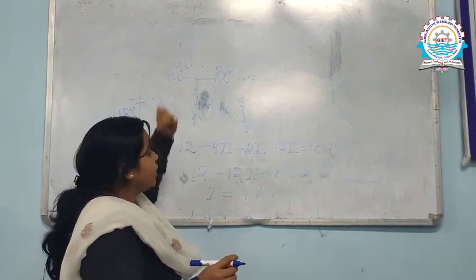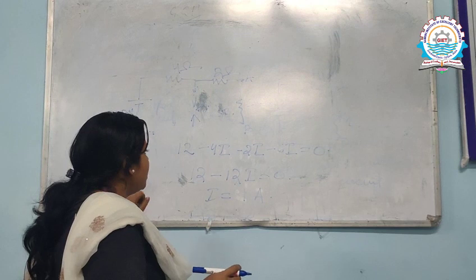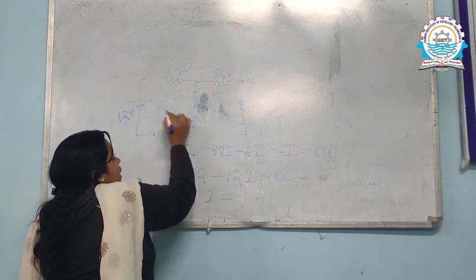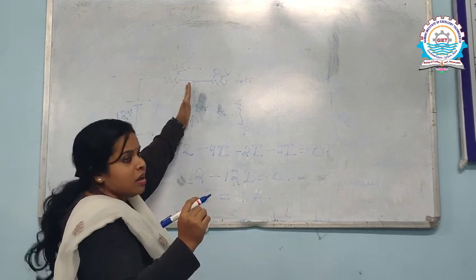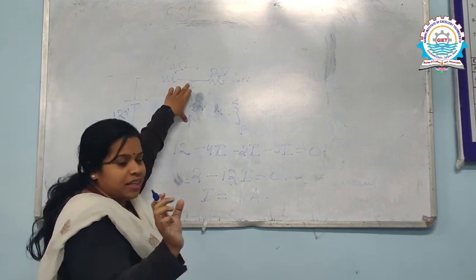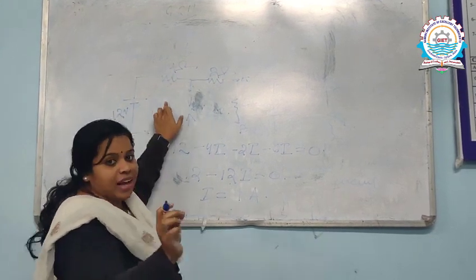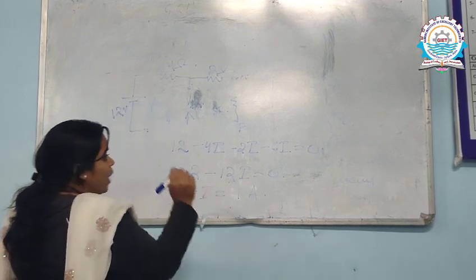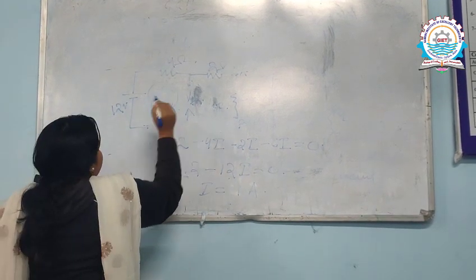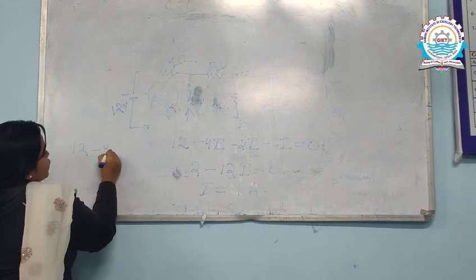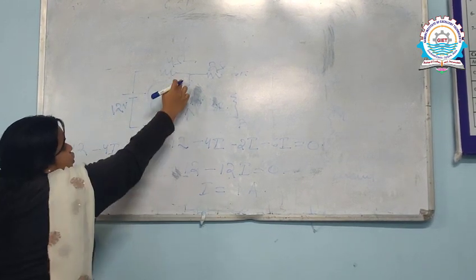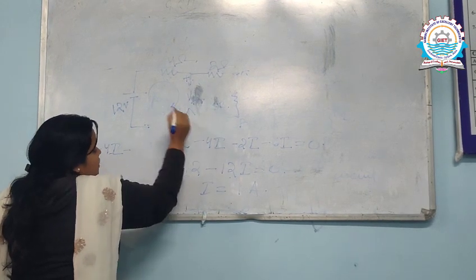Now the main thing is to find VTH. Again I will treat this as a smaller loop, because this is open, and from here we have to find VTH. Applying KVL to the smaller loop, we have 12 minus 4i, with this plus and this minus.